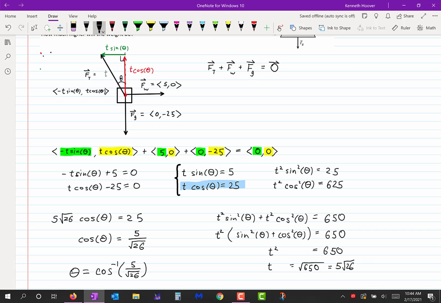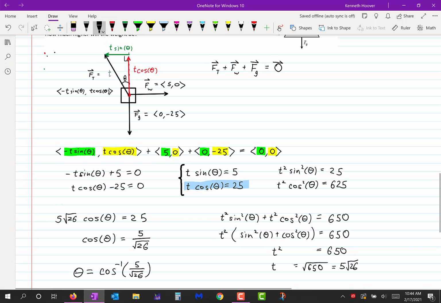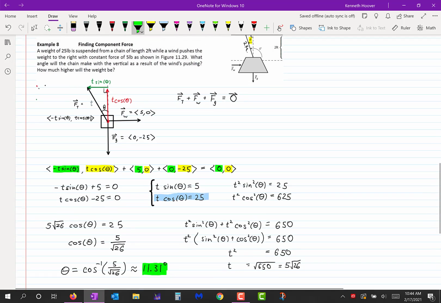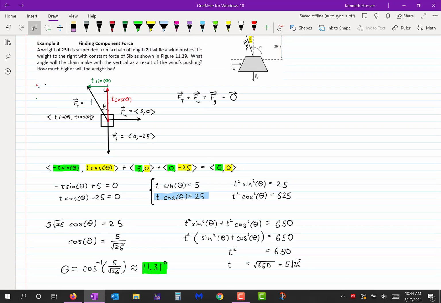And we can calculate that on a calculator. It comes out to be about 11.31 degrees. So that's our first answer. The angle that the weight moves is an angle of 11.31 degrees.